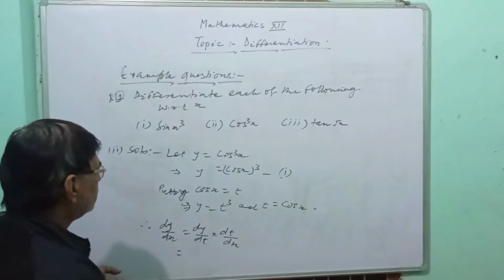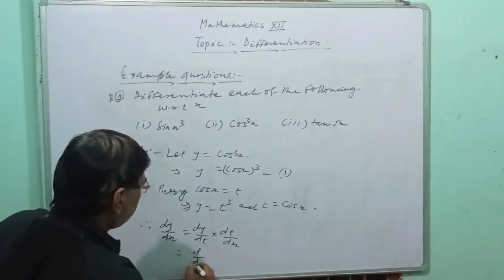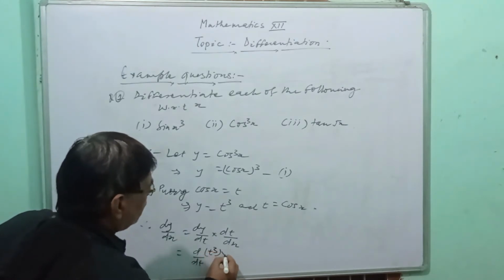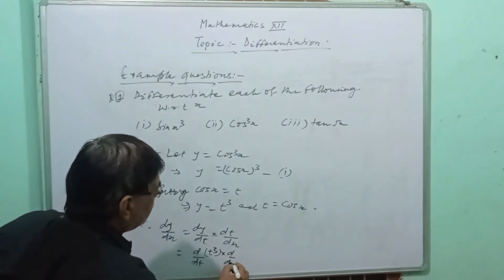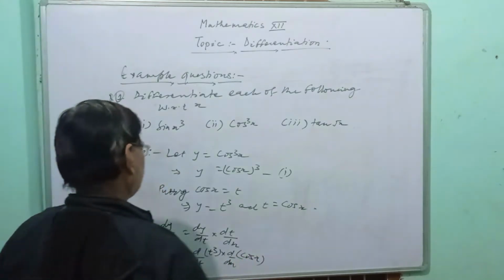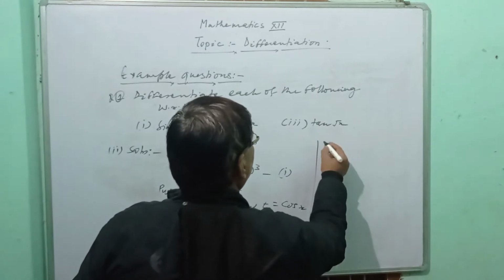That is equal to d by dt of t cube into d by dx of cos x.